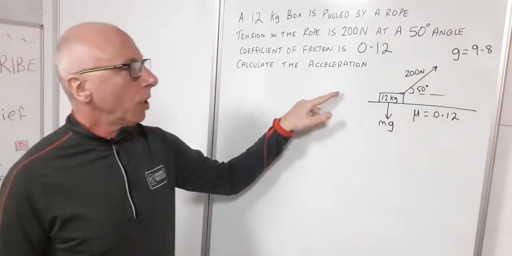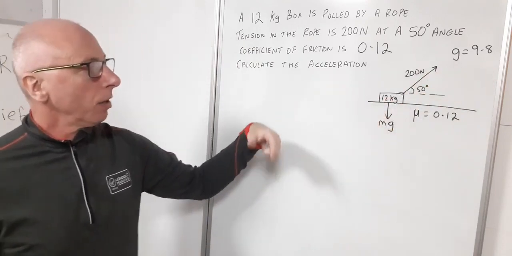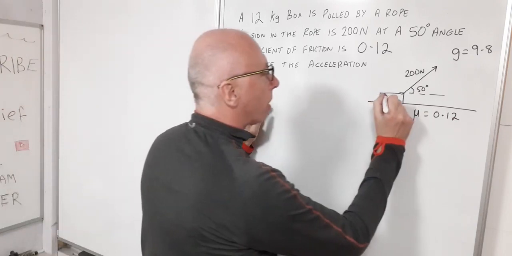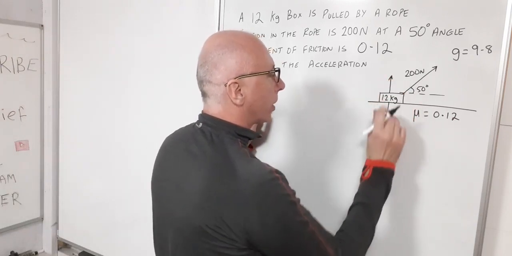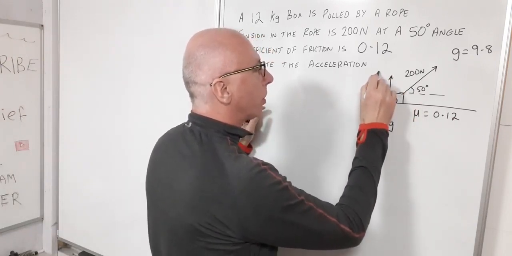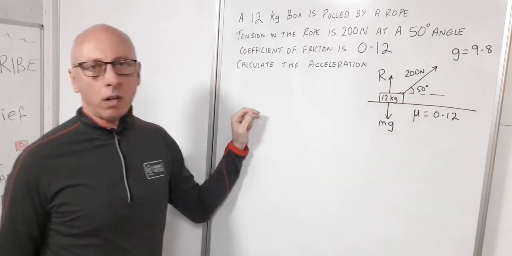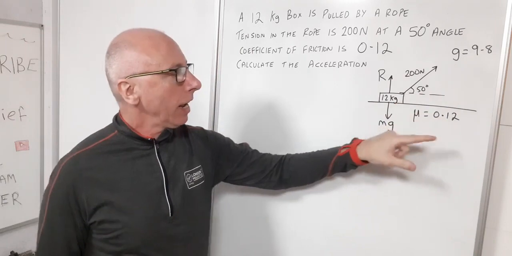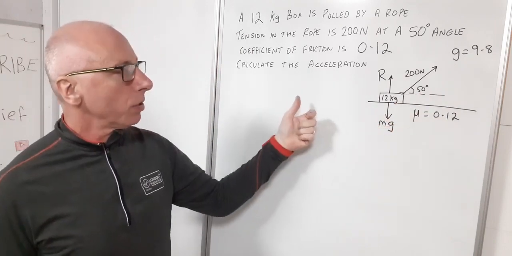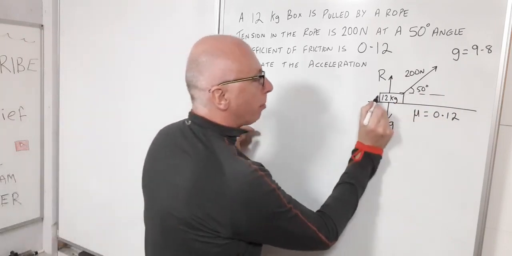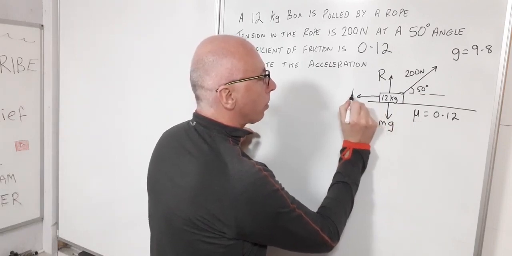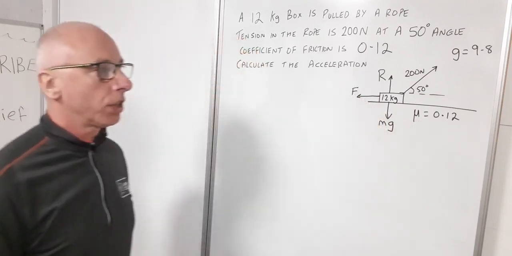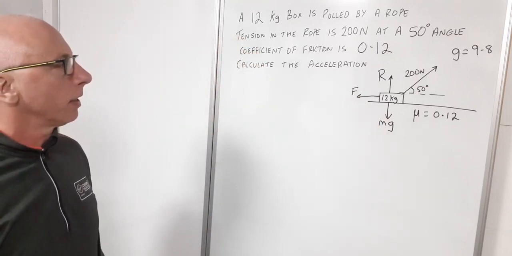Now, as this box is moving horizontally, there will be a resultant force acting on the box in a vertical direction to counteract this. So that'll be the normal force. We're just going to call that R. And as the box is being pulled this way, as there is some friction and also some resistance, the box will also have a resultant force in this direction as well, which we need to calculate.